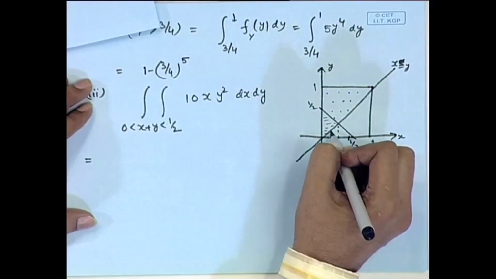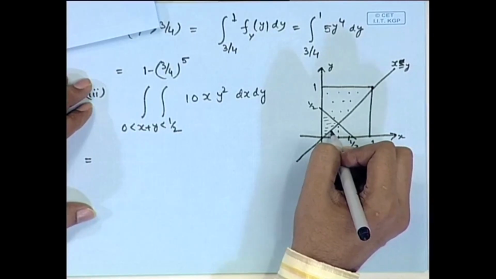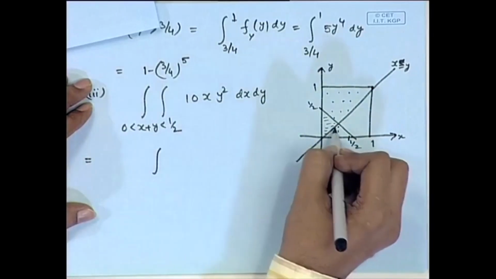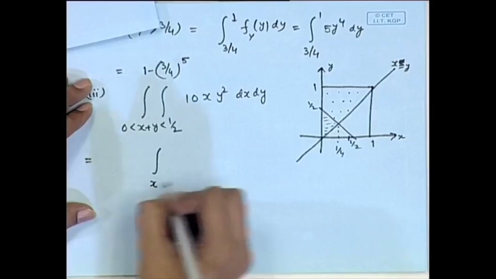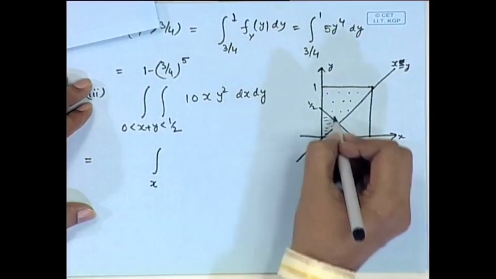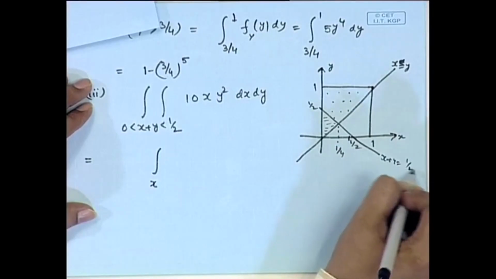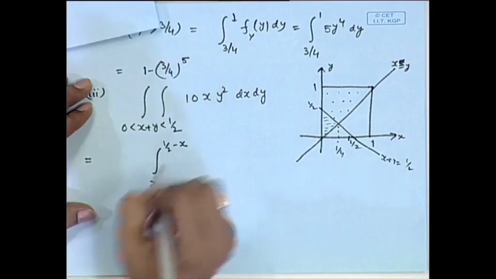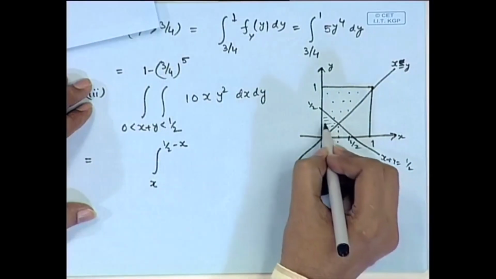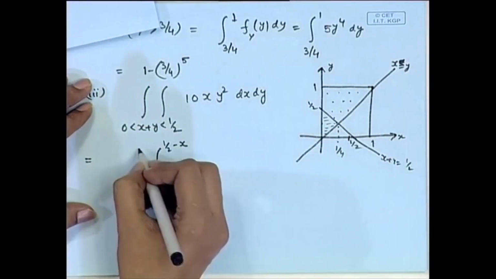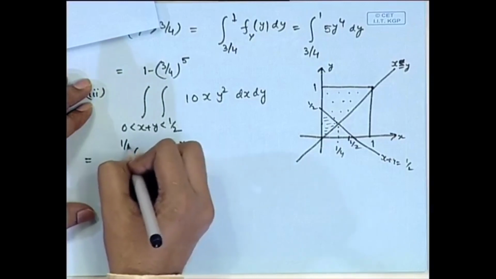If we integrate firstly with respect to y, then the range of integration is from x to, on this line x plus y is equal to half. So, on this line y is equal to half minus x, and the range of x is from 0 to 1 by 4.